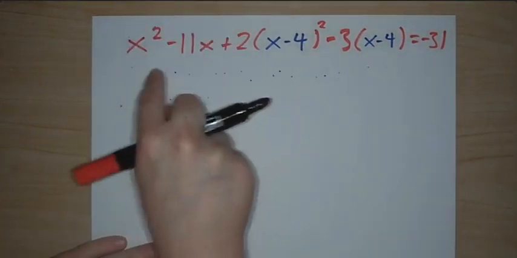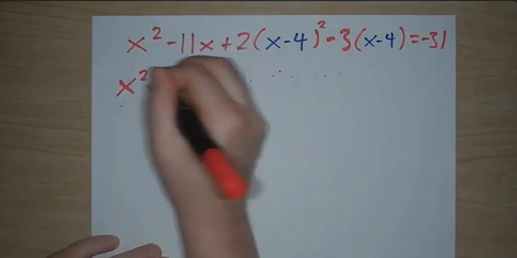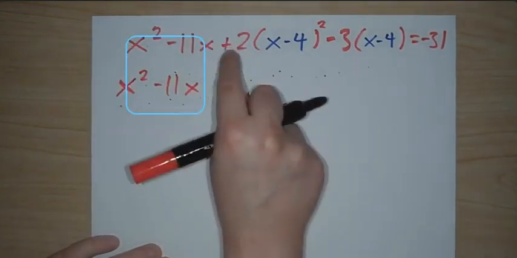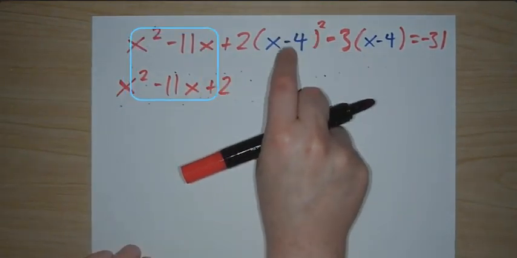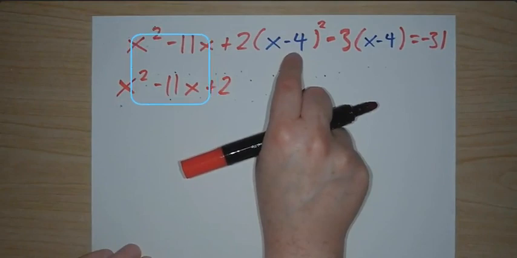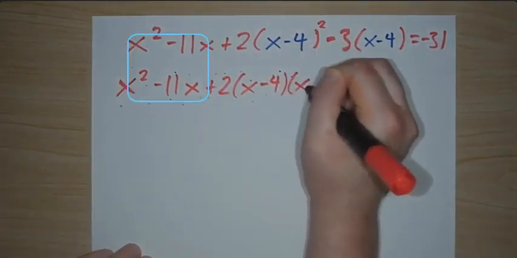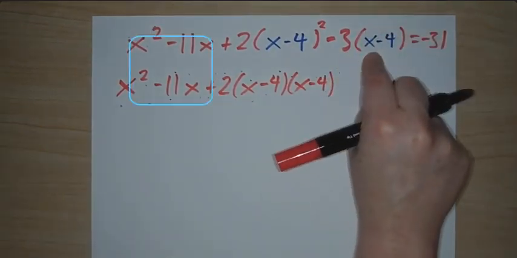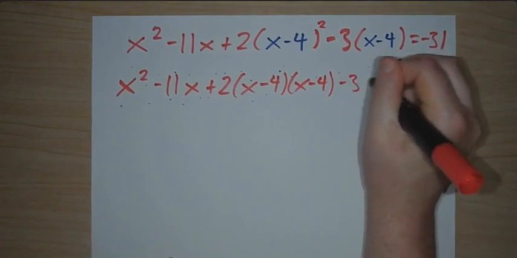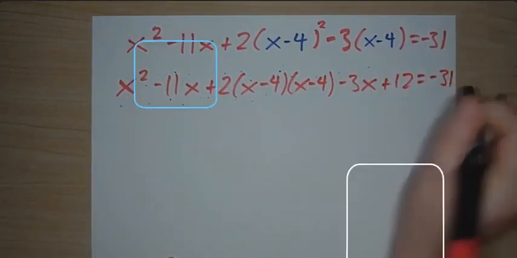Now we need to distribute, simplify and expand as much as we can. We have x squared minus 11x plus 2 times x minus 4 squared, so we need to expand x minus 4 squared first. That's x minus 4 times x minus 4, and then minus 3 times x minus 4 is negative 3x plus 12, equal to negative 31.